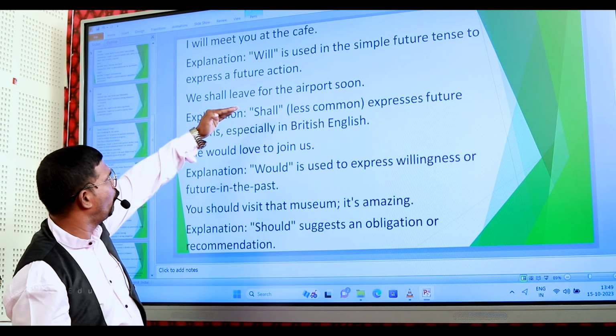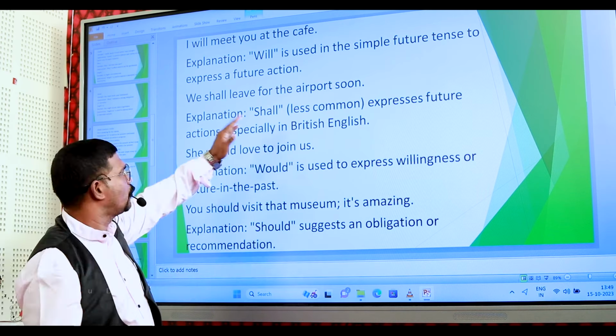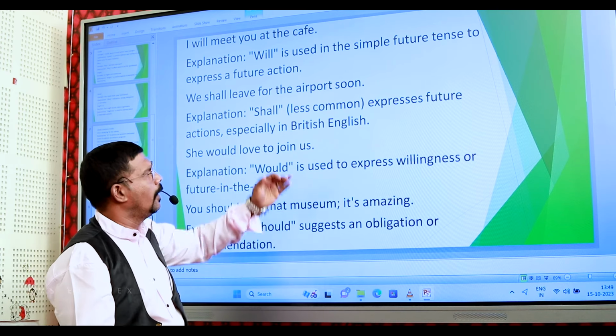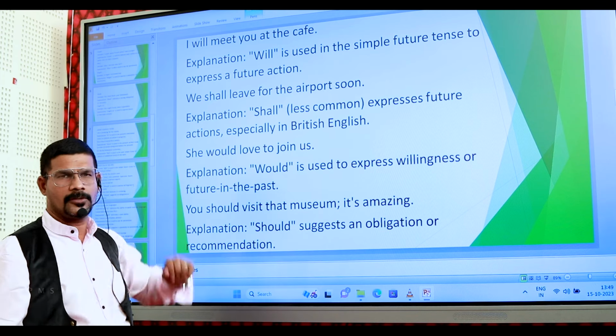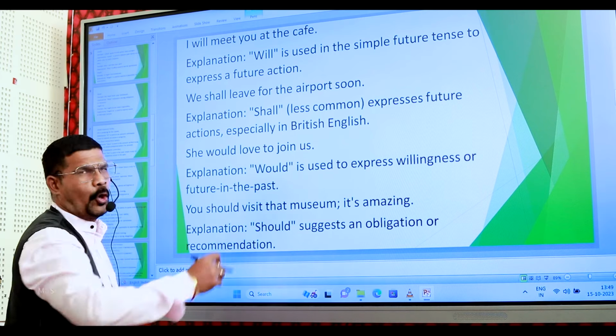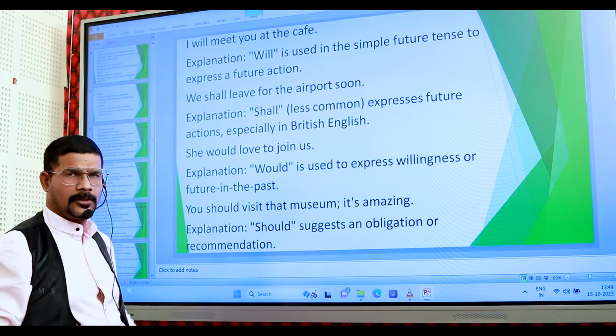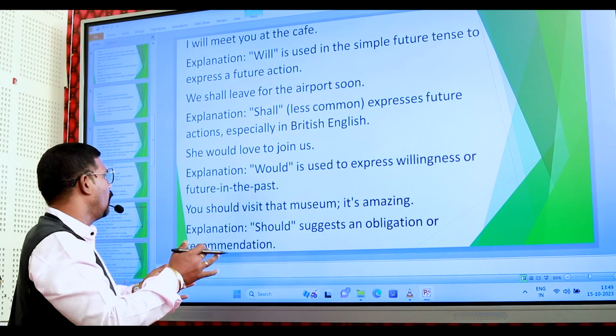We shall leave for the airport soon. Explanation, shall is less common. It expresses future actions, especially in British English. She would love to join us. Explanation, would is used to express willingness or future in the past.